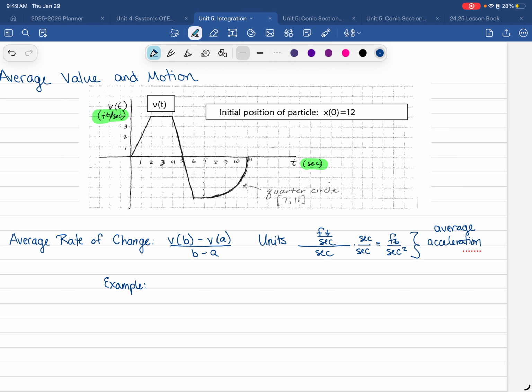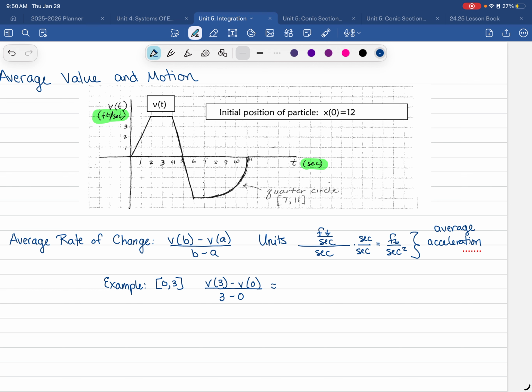If I wanted to find the average acceleration, given a velocity graph, on the interval, let's go 0 to 5. Actually, let's not do that, because I think I'm going to have you do that later. Let's go 0 to 3. So the average acceleration between 0 and 3. That means we're doing v of 3 subtract v of 0 all over 3 subtract 0.